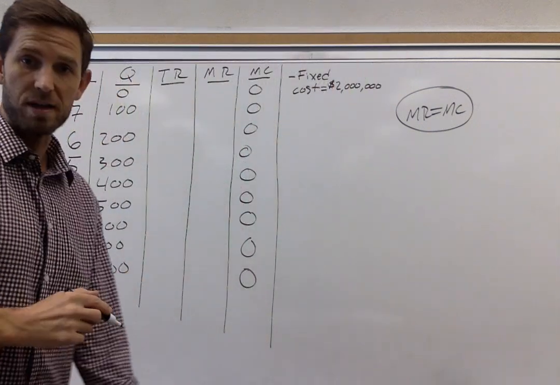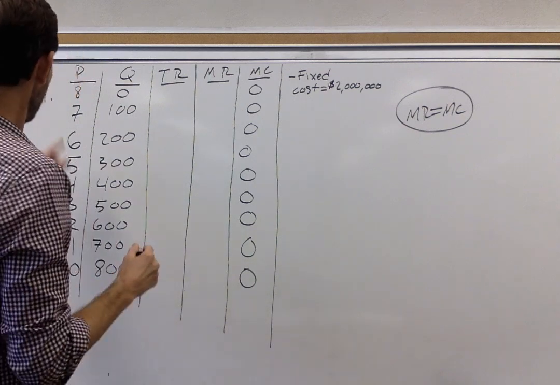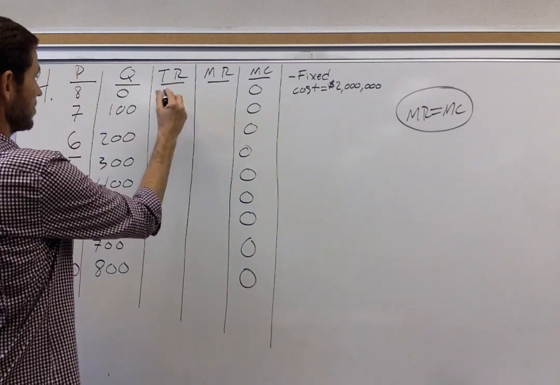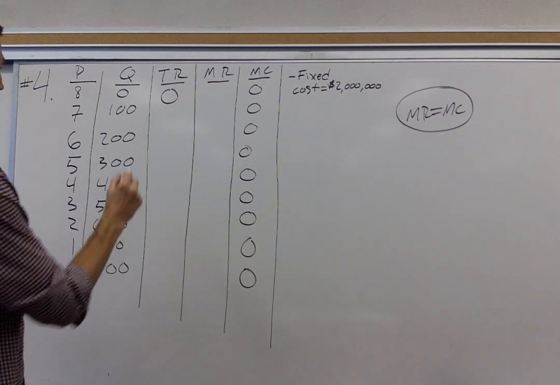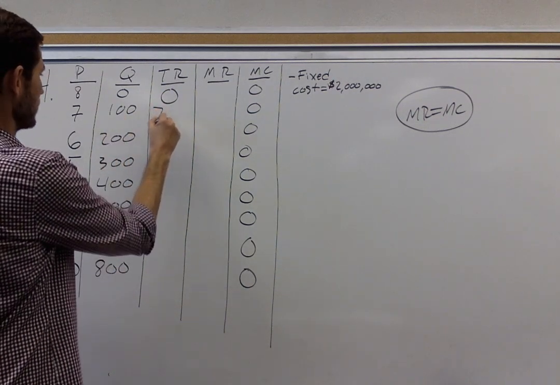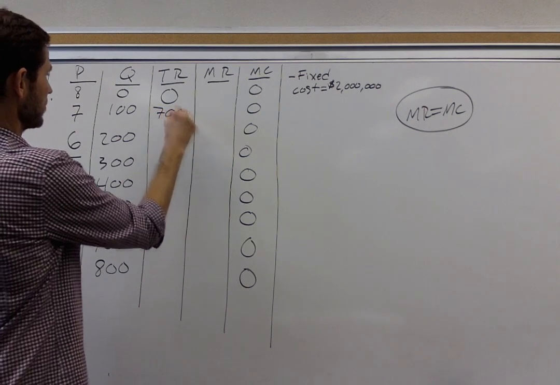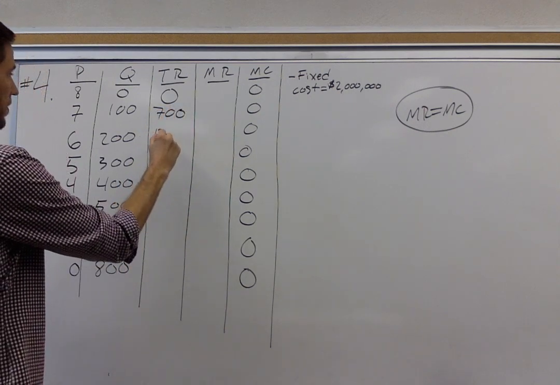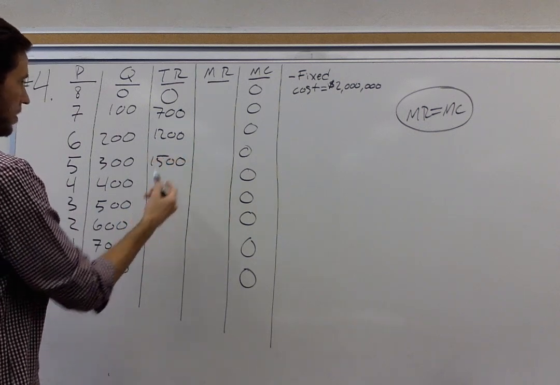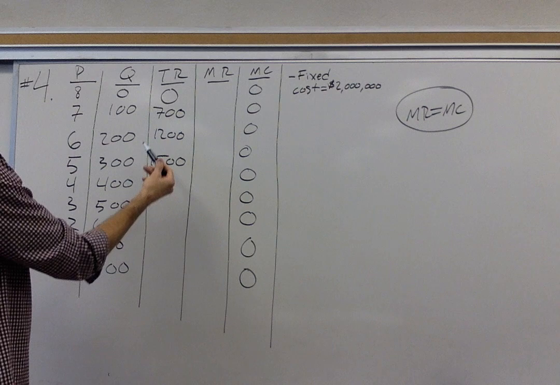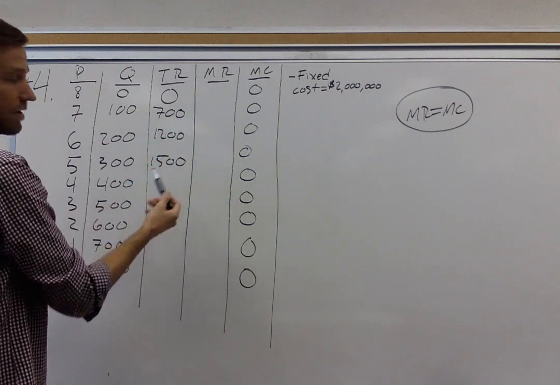See if I can do this without making any math errors here on the video. 8 times 0 means $0 of revenue. And then after that, we should have some easy math to work with. This should be 7 times 100 units for $700 of revenue, and then $1,200 of revenue, and $1,500 of revenue, and so on. Notice that as they sell more trips across the bridge, their revenue is rising at first.